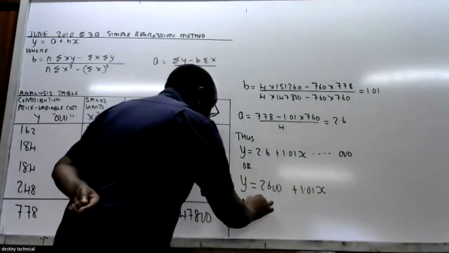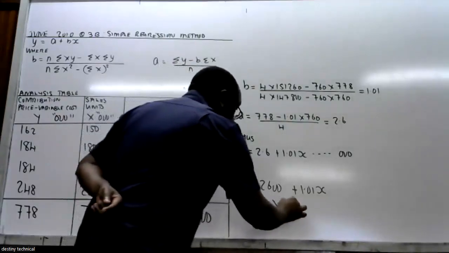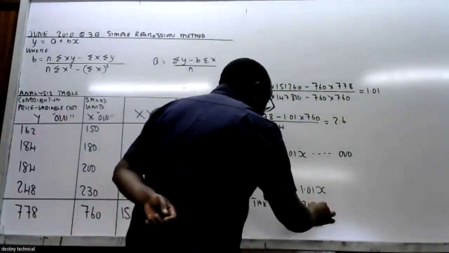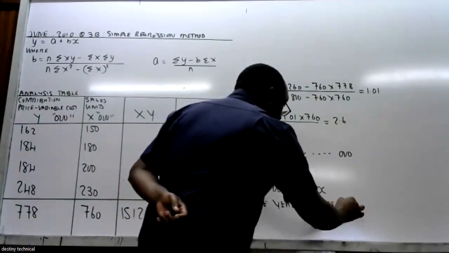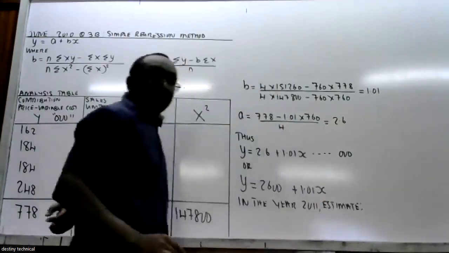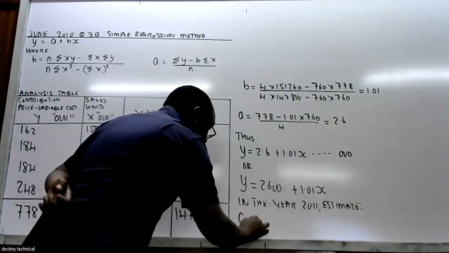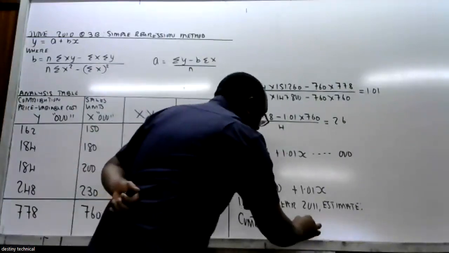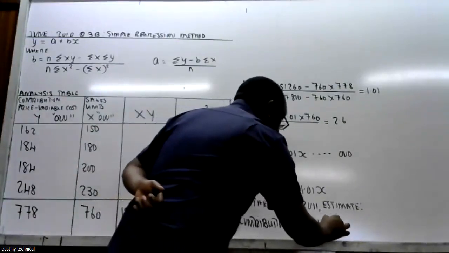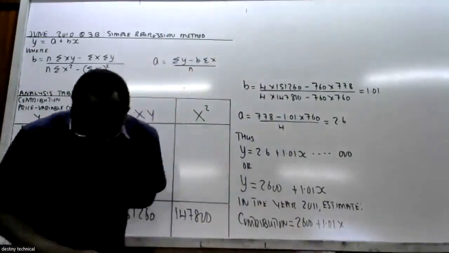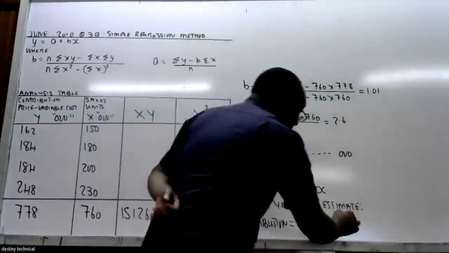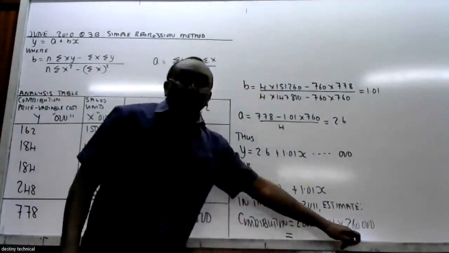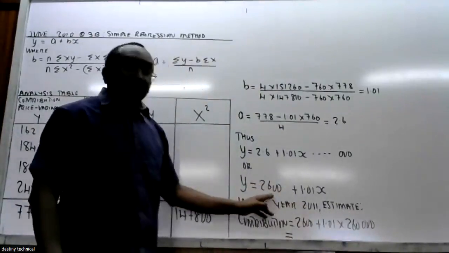So in the year 2000 and in the year 2011, the estimated contribution will be 2,600 plus 1.01 multiplied by the number of units, 260. You see here we have used the whole figure because I've already returned the equation to thousands.